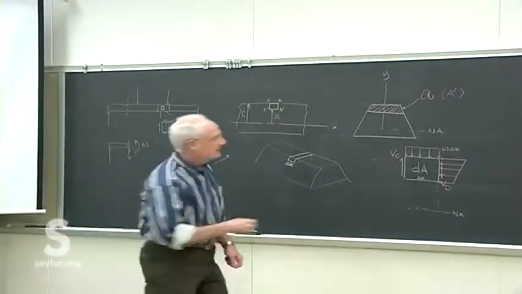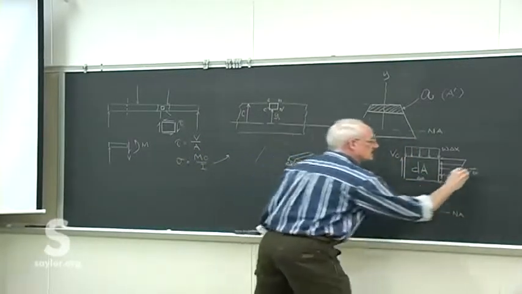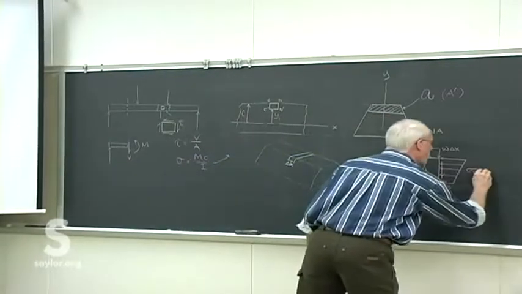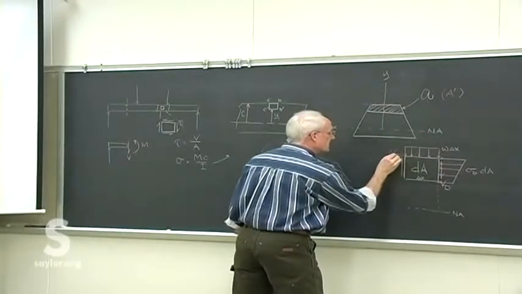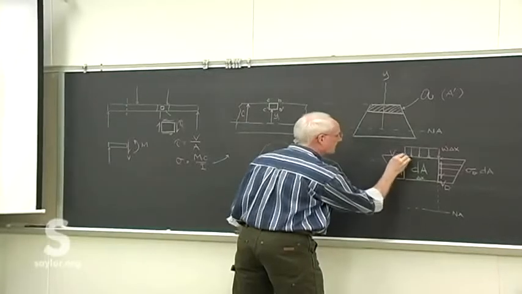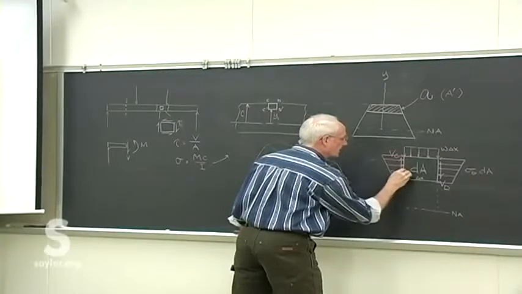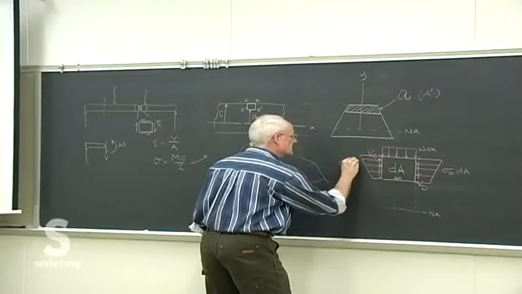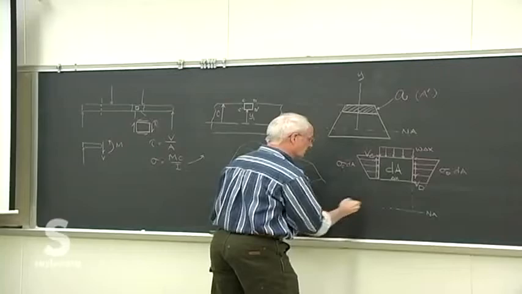I'll call that the normal stress on the D face times the area over which it's acting, dA. And we have the same kind of thing over here. Hope you started your drawing big, because even mine's getting crowded. So that's on the C face and the area over which it acts, and that's also again down to the neutral axis.